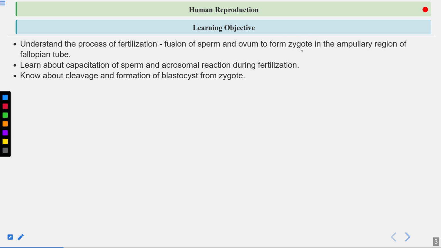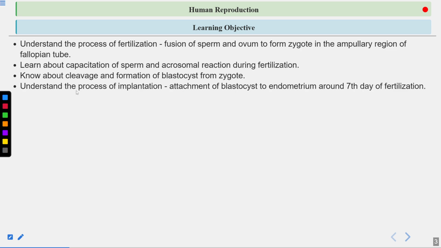When the zygote is formed, from the zygote, the blastocyst is formed. We'll have a look at how the blastocyst is formed. Then we'll understand the process of implantation, which is the attachment of the blastocyst to the endometrium, and it occurs around the 7th day of fertilization.